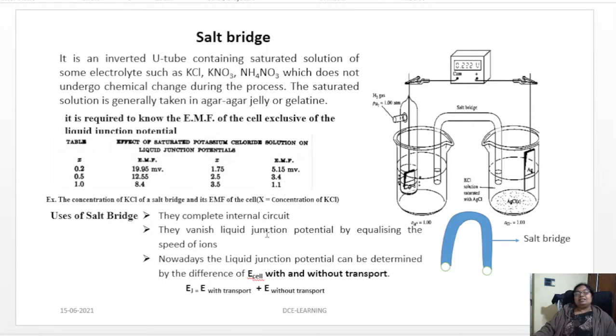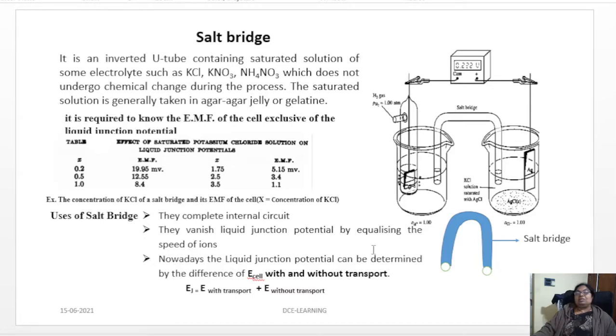As the KCl concentration in the salt bridge increases, the liquid junction potential decreases. So that is the use of the salt bridge here.